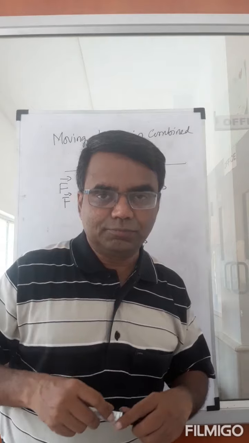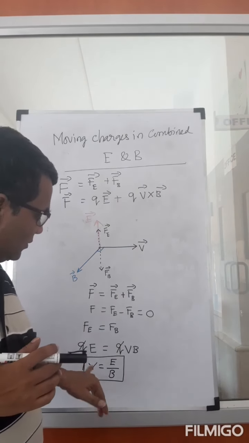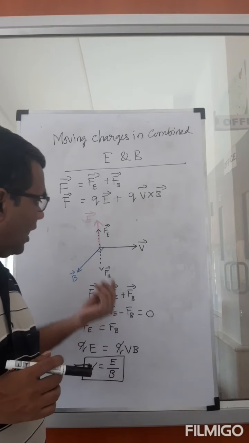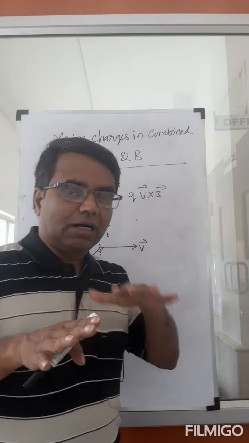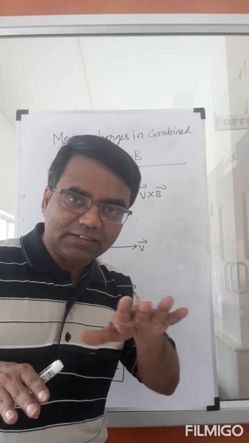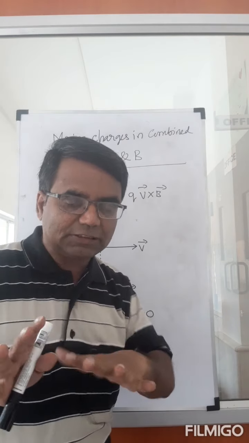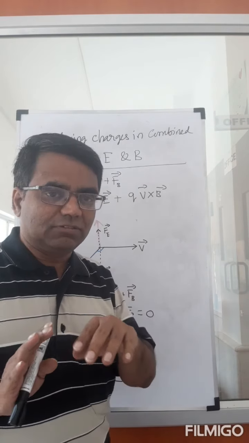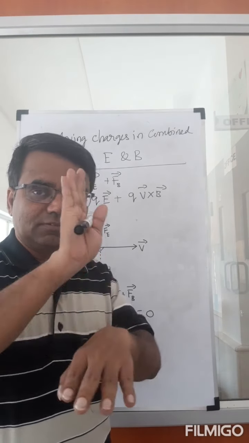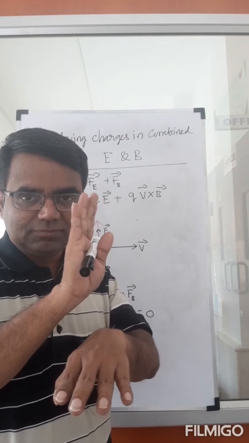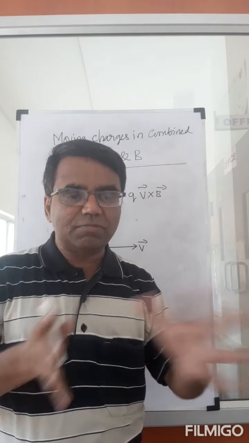So what does it tell you? I keep a magnetic field at this point in space in this direction, and I also keep the electric field in this direction, and I allow charges to move in this combination of fields.